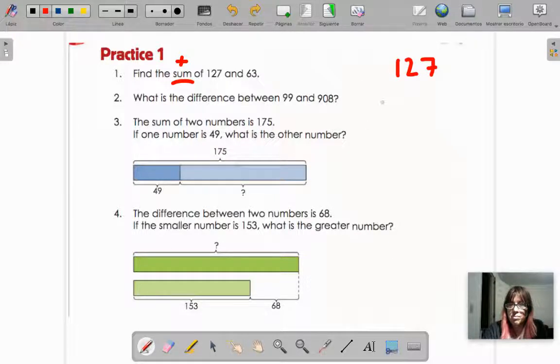Remember, we already practiced this. You cannot write it there because that would need a 0 here, and that is 630, not 63. So just remember the place of the numbers is super, super important. So 127 plus 63.